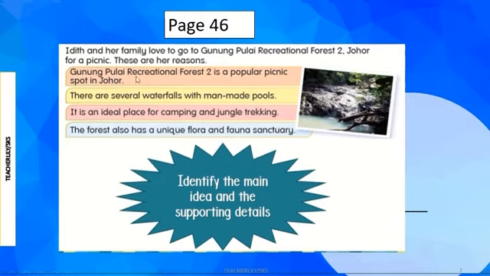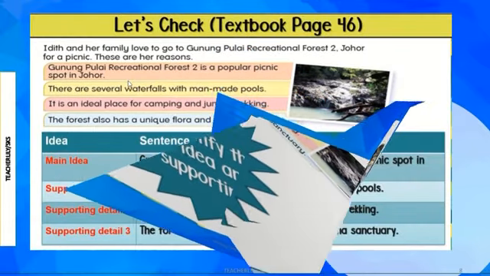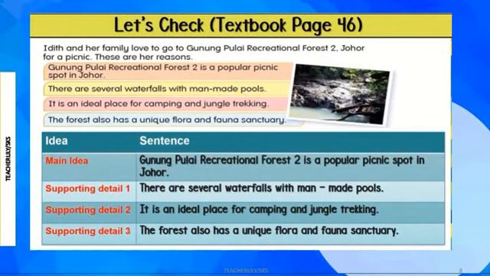So this is the main idea. And the rest of the sentences are the supporting details for the main idea. I have written it like this. Main idea: Gunung Pulai Recreational Forest 2 is a popular picnic spot in Johor.